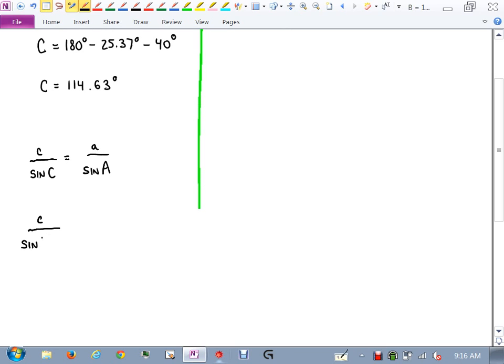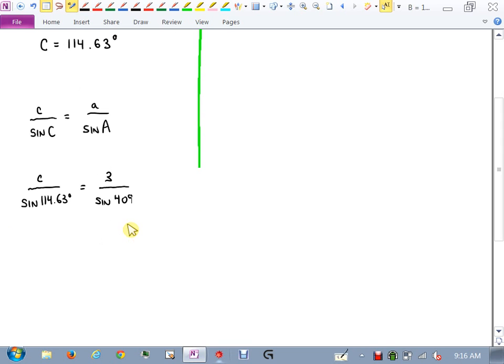Sine of 114.63 degrees must equal a, which was 3, over sine a, which was sine of 40 degrees. And then to solve for c, what I'll do is I'll multiply both sides of the equation by sine of 114.63.